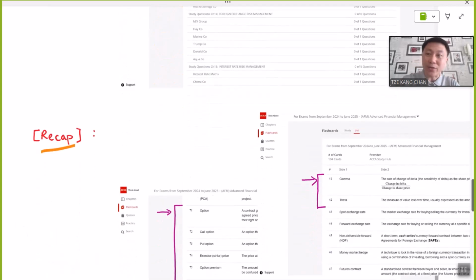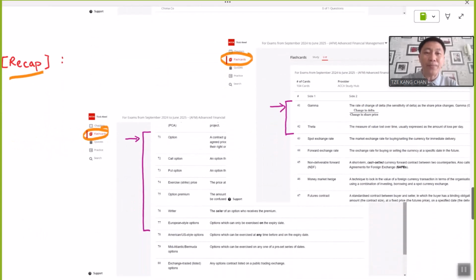Last but not least, let's not forget about recapping the session by revisiting terminology and explanations on terms pertaining to options. You may see there is a range of terminology pertaining to this subject matter that is worth spending time to get yourself familiarized with.